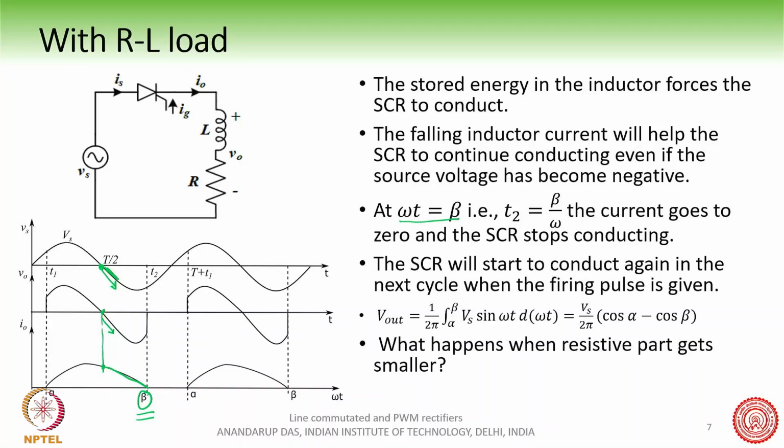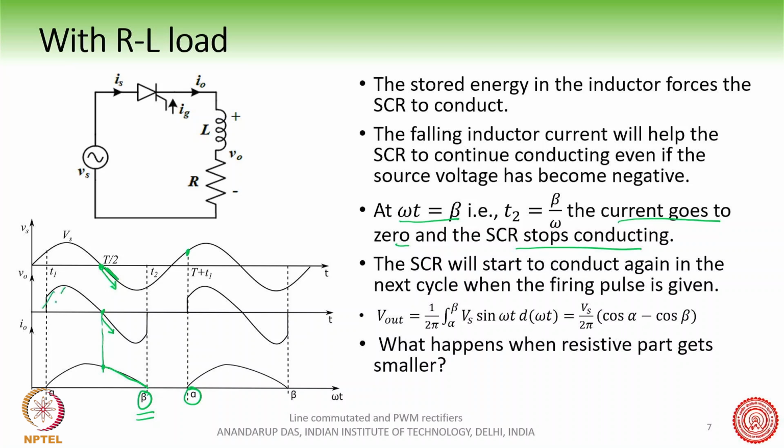So at omega t equal to beta, the current goes to 0 and the SCR will stop conducting. Again it will start conducting in the next cycle when you fire it with a firing angle alpha, right?